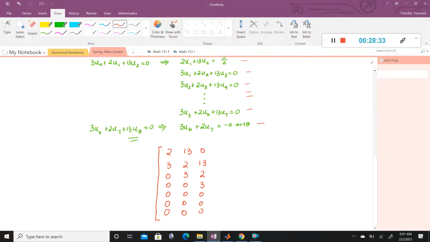You might be starting to notice a pattern here. In this matrix, we're going to have a diagonal of 13s, a diagonal of 2s, and a diagonal of 3s. I'm just trying to keep these in line, because if I'm not neat here, it's going to be hard to tell.